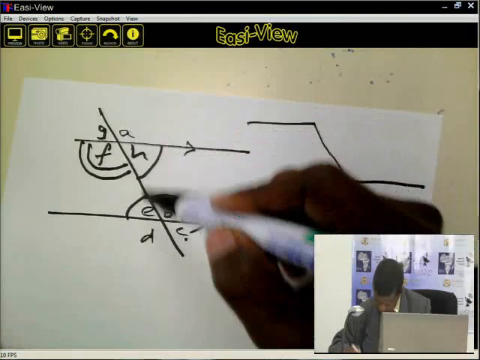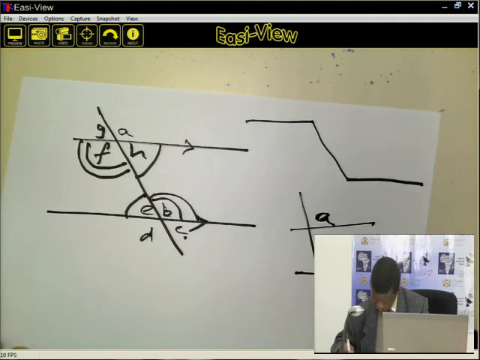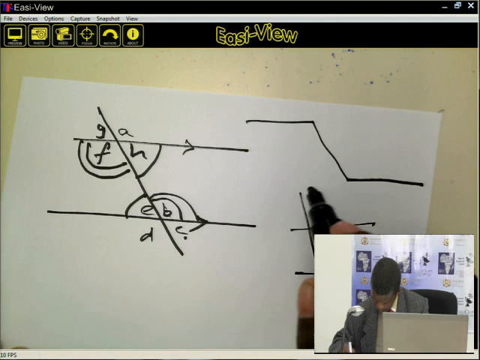You have A and B. Now, if you take it down here, here's your A, here's your B. These are corresponding angles. What do you see here?